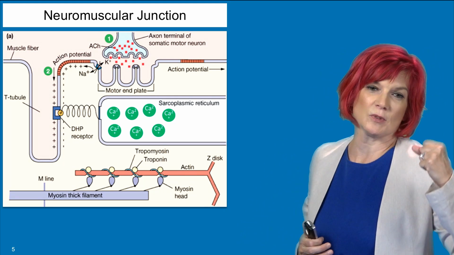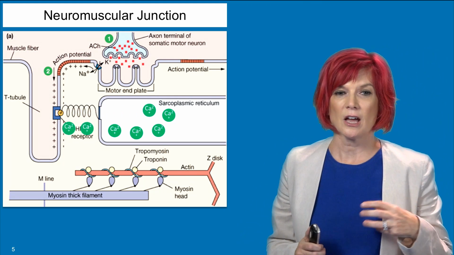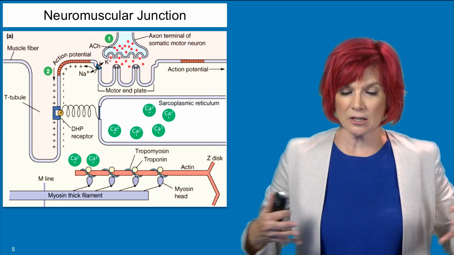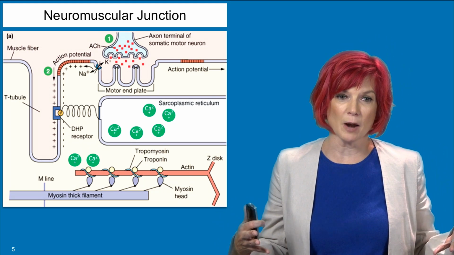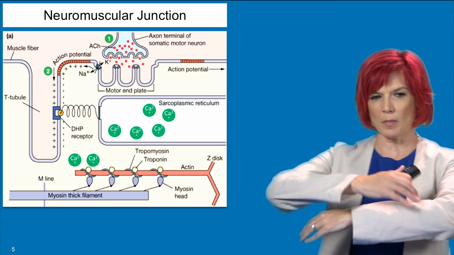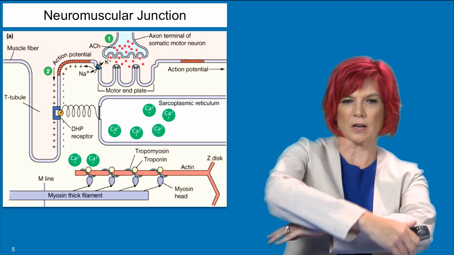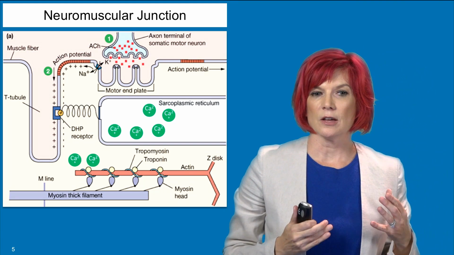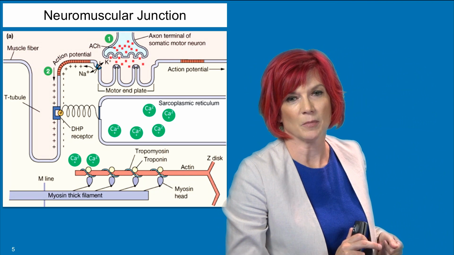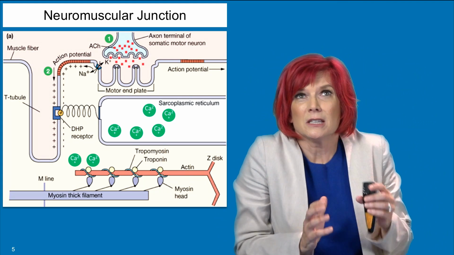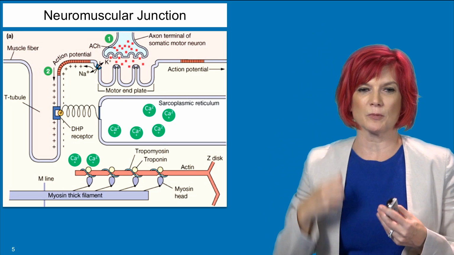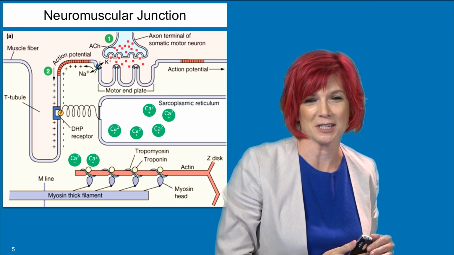When the dihydropyridine receptor receives the voltage activation, that causes the release of calcium from the sarcoplasmic reticulum into the belly of the myofiber, where those calcium molecules interact with the troponin-tropomyosin complex, causing this flexibility, allowing now the myosin thick filament, shown at the bottom of the illustration, to see that its binding site on actin is revealed. It reaches up, grabs, and undergoes a power stroke as long as there is ATP around.